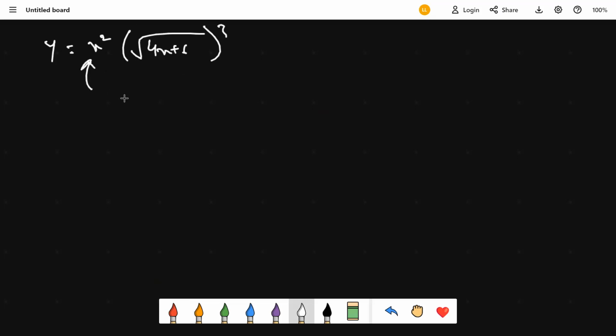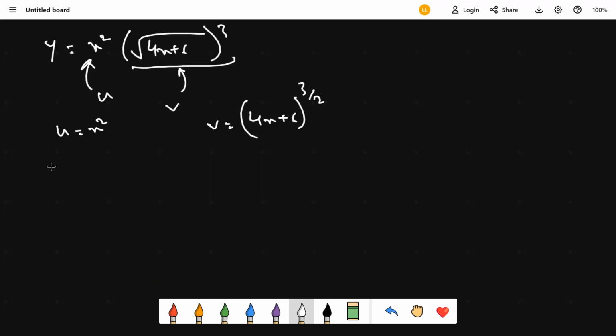So product rule means this is considered as u, this whole is considered as v, and u is x square and v is 4x plus 6 to the power 3 by 2. So u prime, or du by dx, is 2x, isn't it?